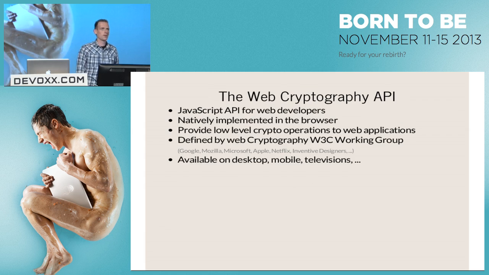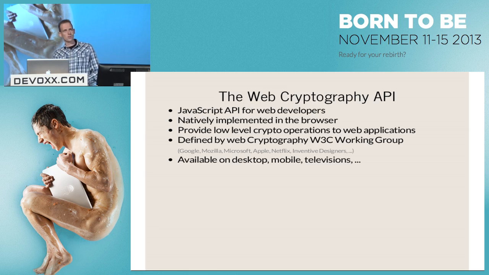So that's why the W3C has decided that there needs to be a native implementation in the browser that provides a JavaScript API to do the crypto operations. The work started some time ago, and all major browser vendors, Google, Mozilla, Microsoft, and Apple, joined the working group together with a lot of other companies: Netflix, Inventive Designers, the company that I work for, but also companies from all around the world.